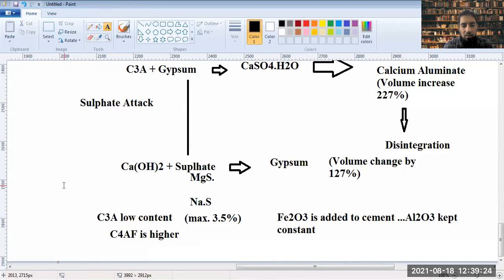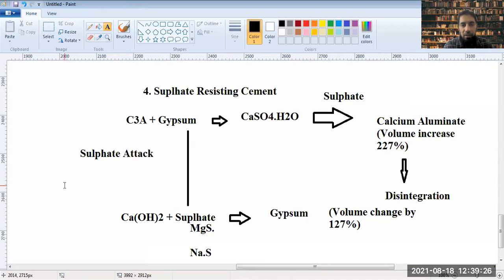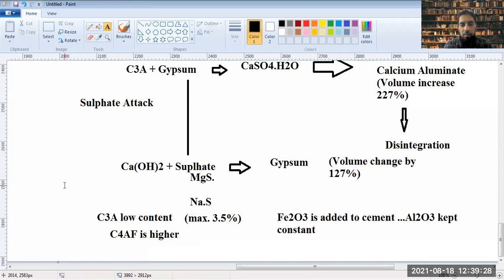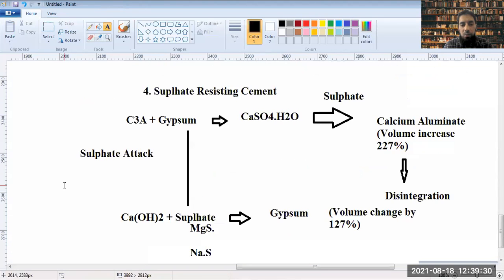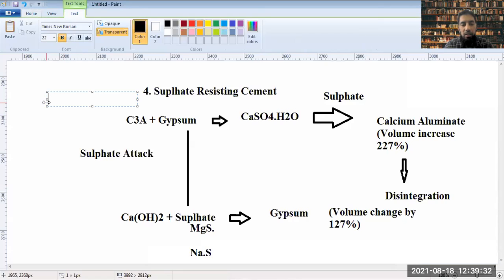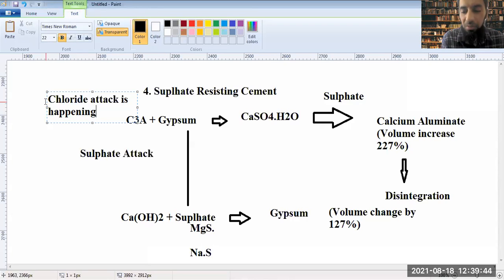This sort of cement, sulfate resistant cement, is not applicable for conditions where chloride attack is happening. There the processes will worsen, because corrosion of the steel may happen due to the chloride attack.